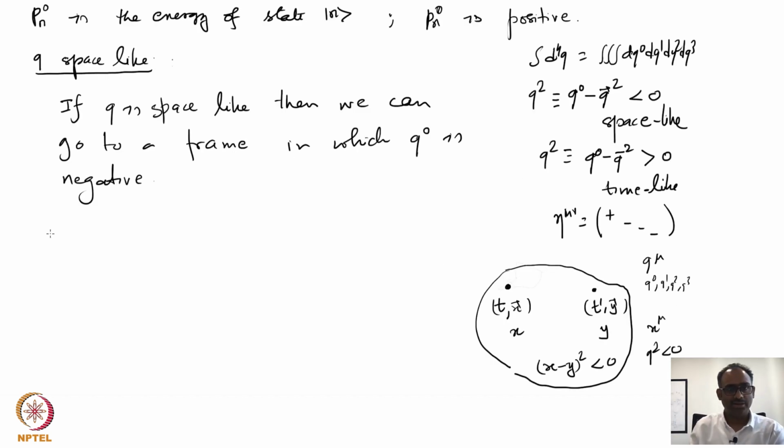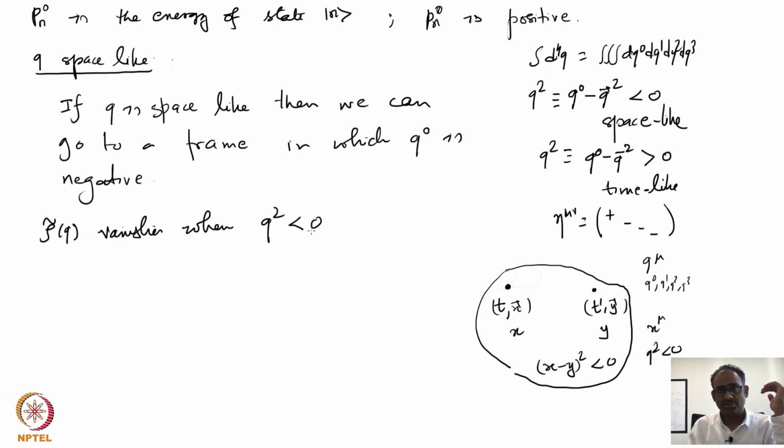So, what I have argued is, first, that rho tilde q is a function only of q square because it is Lorentz invariant. Okay, let me write it like this. So, rho tilde of q vanishes when q square is less than 0, that is, when it is space-like.